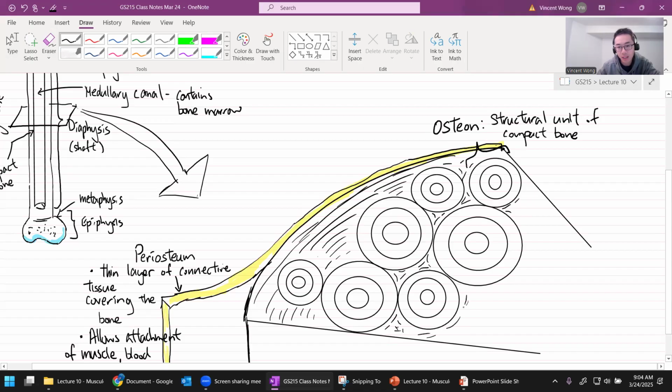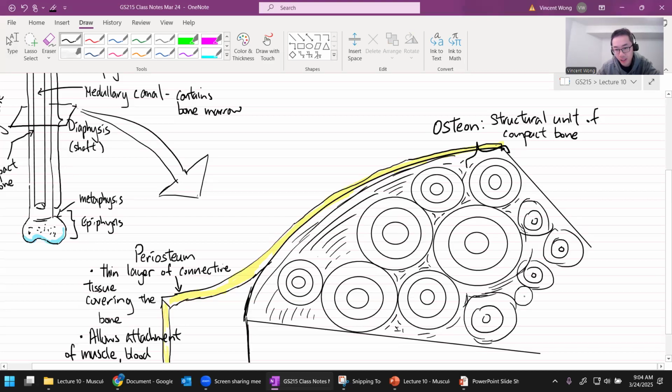It's going to be all here. But every now and then you're going to have these nice little osteons, kind of like a cinnamon roll, a bullseye, a target, whatever helps you connect the concept. Cinnamon roll, I like that. So that's an osteon.